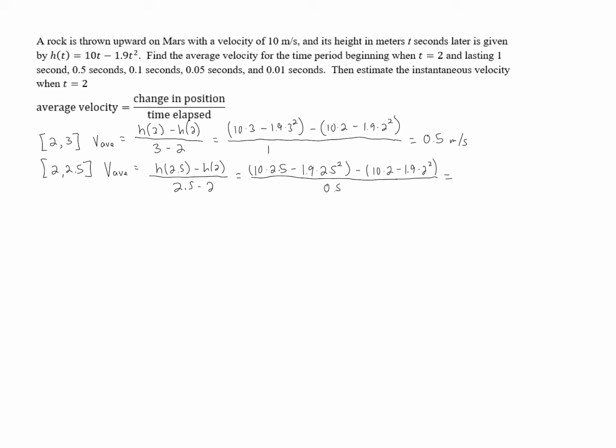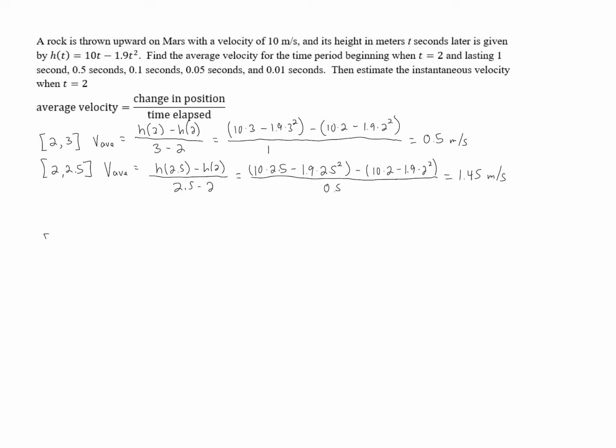And when we plug it into a calculator, that ends up giving us 1.45 meters per second. So this is going to be a better approximation than the first one because we're looking at a shorter interval. But we can do better, and we're going to keep going.